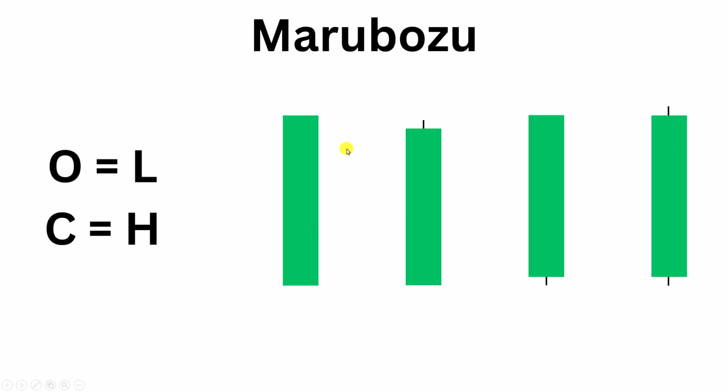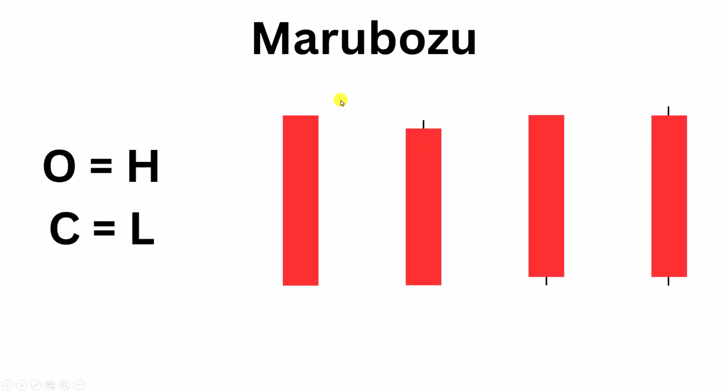Next, we have the red Marubozu, which tells about the sentiment of sellers. The price opened here, and the sentiment of sellers was so strong that they kept on pushing the price down.